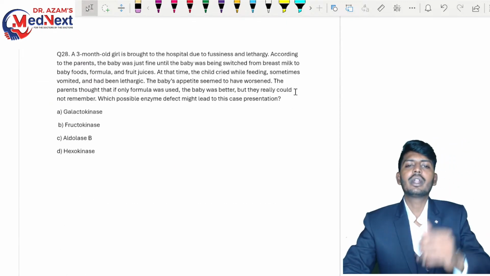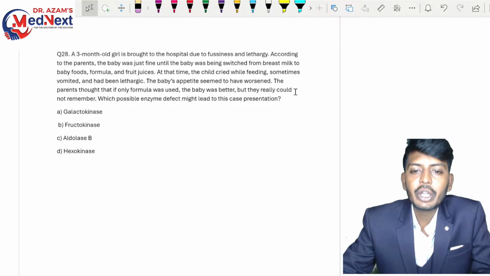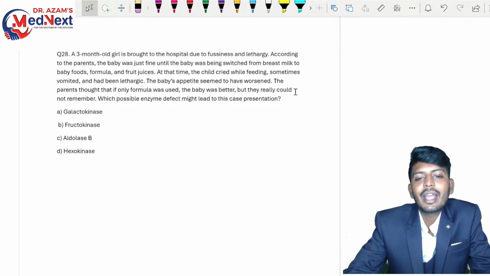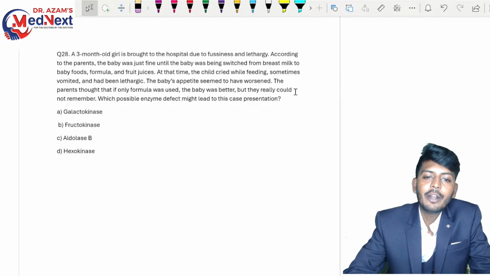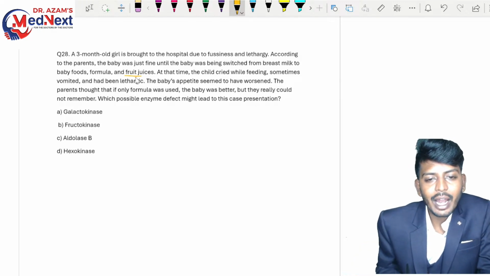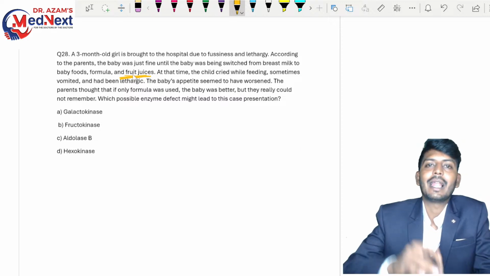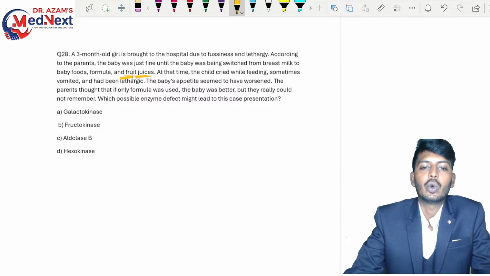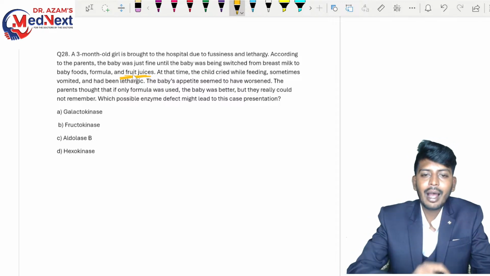So a 3-month-old girl is brought to the hospital due to fussiness and lethargy. According to her parents, the baby was just fine until she was switched from breast milk to baby foods, the formula and fruit juices. Which juice, I don't know, ask her mother.